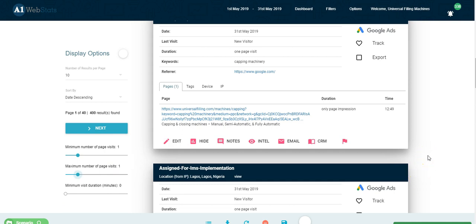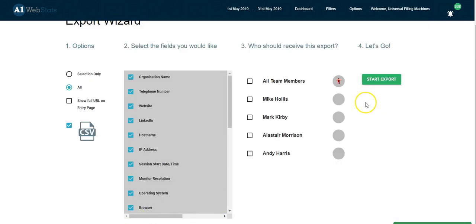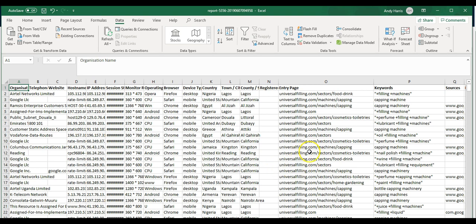At this point, to further analyze those people who went to just one page, we recommend downloading the data to a CSV using this export link. And here's the export of that data. So what we know is all these 400 people went to one page and no further after coming in from Google Ads.